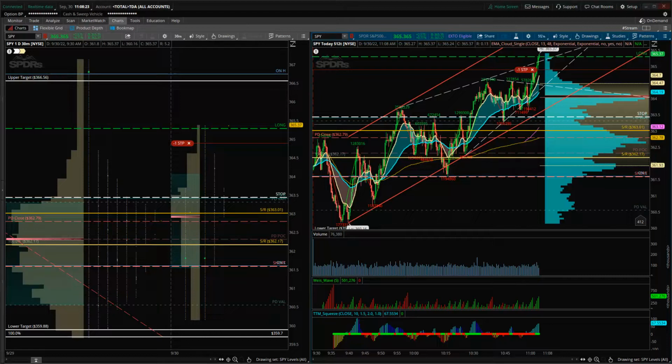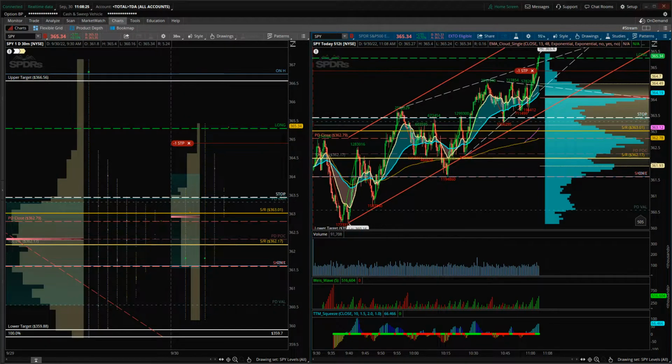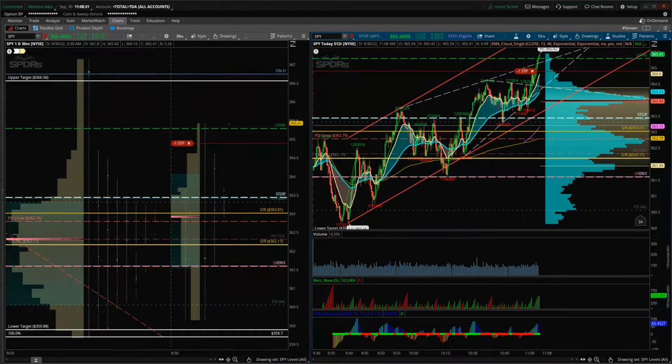So close. Come on, keep breaking. And at the very least, if I can hit my goal, this will be awesome. If we retrace, we won't hit our goal, but we'll still be really green on the day.